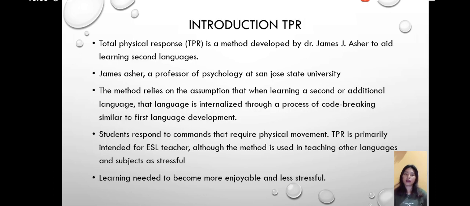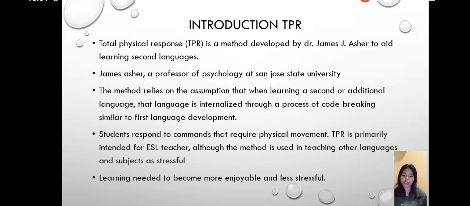Next, introduction of TPR. Total Physical Response is a method developed by Dr. James J. Asher to aid learning second language. James Asher, professor of psychology at San Jose State University.